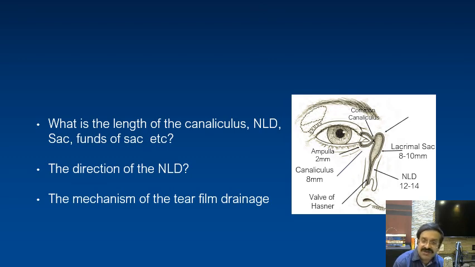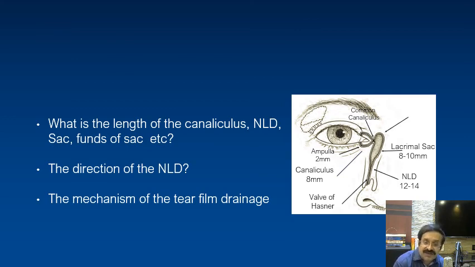So the punctum straightens up, and as the punctum straightens up, the fluid which is already present in the punctum makes its way lower down, and the other fibers of the orbicularis oculi press upon the sac. As the eye closes, the pressure will force the tear to drain into the NLD and hence into the inferior meatus.